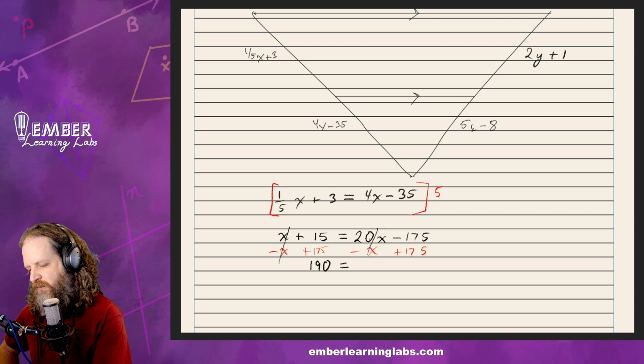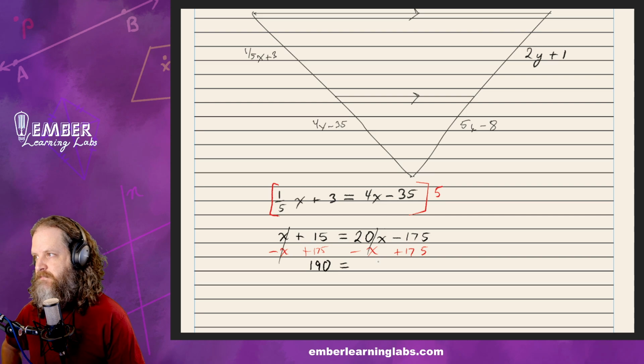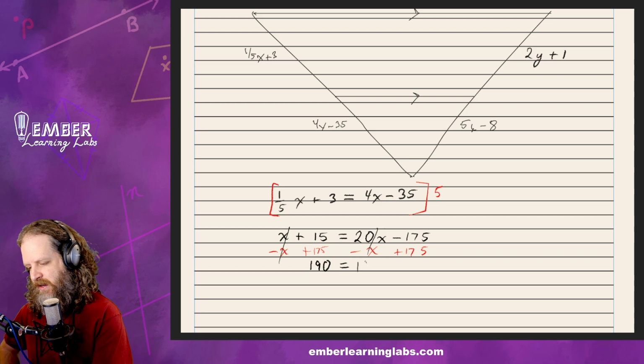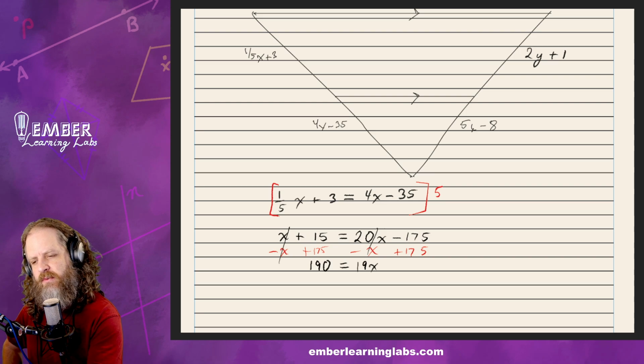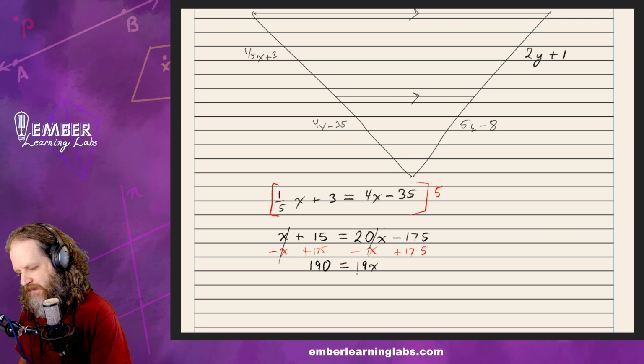what's 20x minus x? 19x. Now what would we do? Divide both sides by 19.